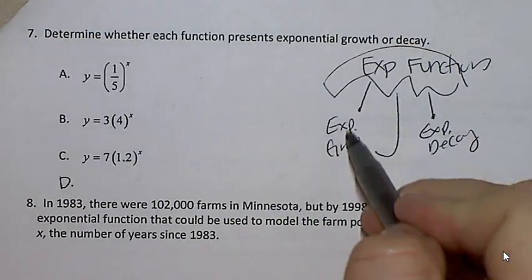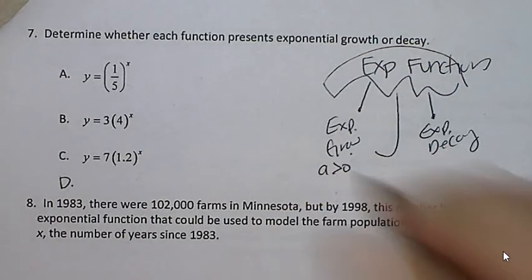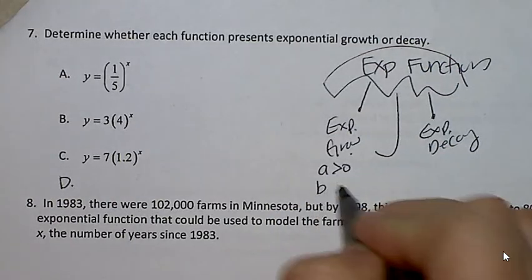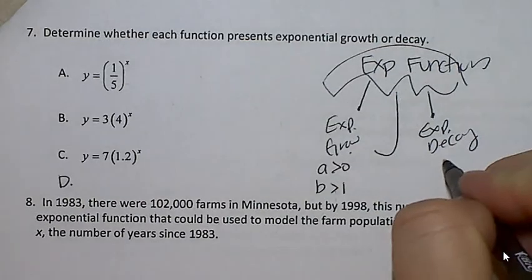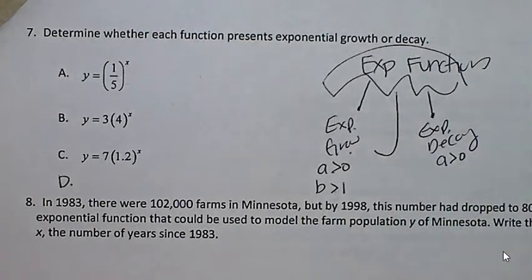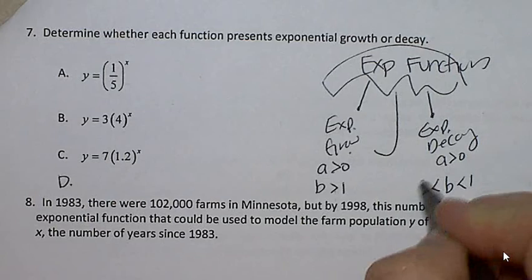An exponential function that is growth has a that is positive, so a is greater than 0, and b will be greater than 1. Exponential decay will have a greater than 0, but b is going to be less than 1 and greater than 0.